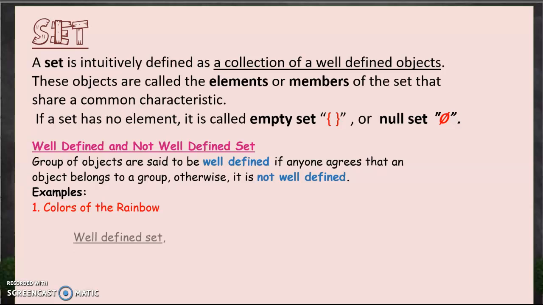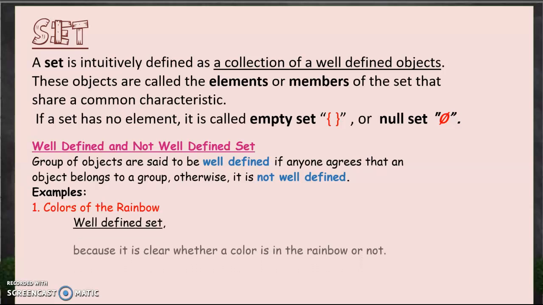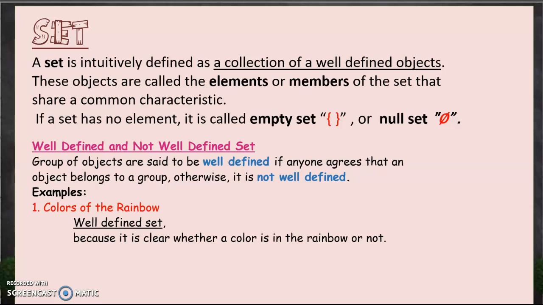Okay, it is a well-defined set because it is clear whether a color is in the rainbow or not. Let us say blue. Is it an element of that set? Is it a color of a rainbow? Yes. So it is clear to us. Pink, it is not. So if we arrive with the same elements of the set, then it is a well-defined set.